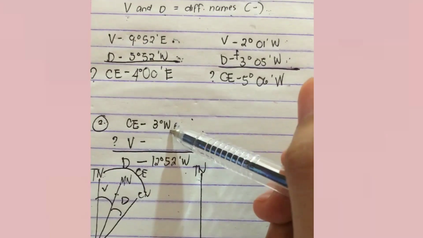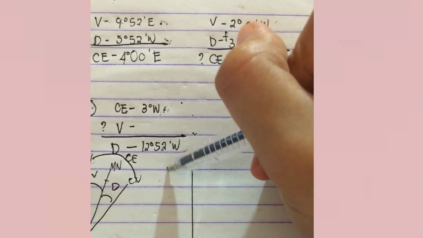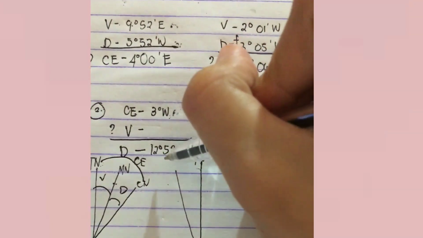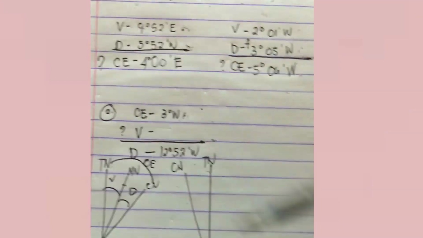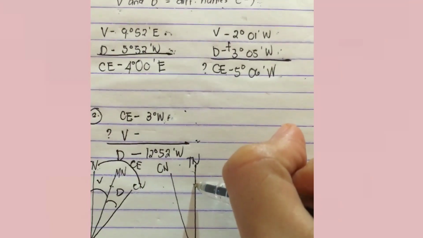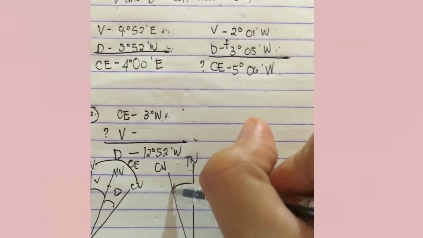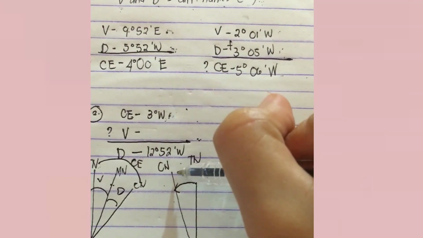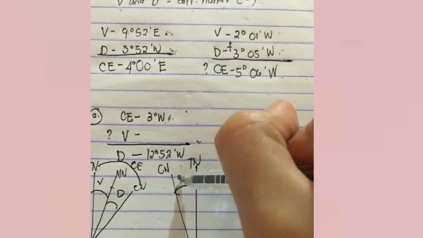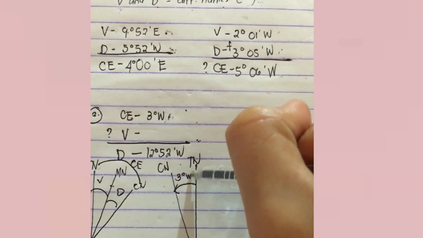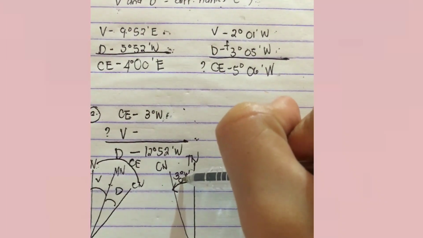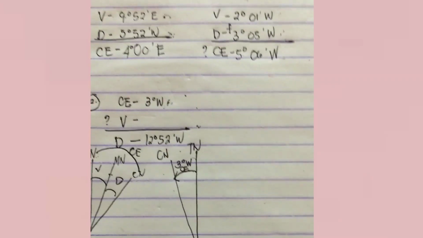Since this is west, let us put the compass north here, and this, true north to compass north, is our compass error. This is 3 degrees west. This is our compass error.